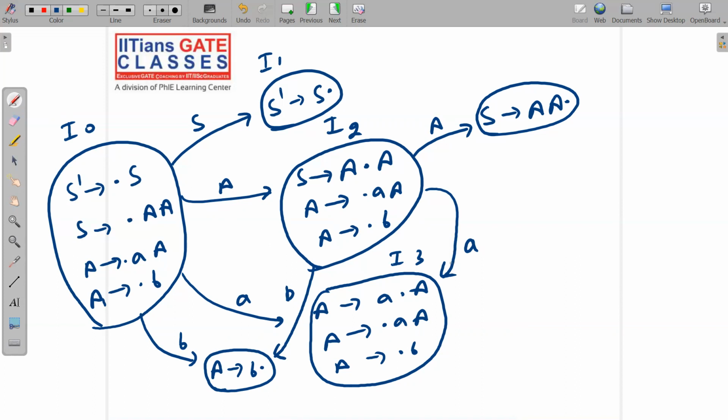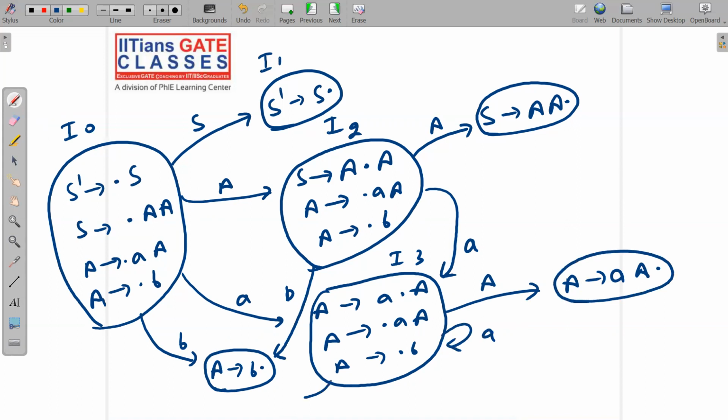Everything is over for this. For this state, on reading capital A, we will go to A dot. On reading small a, same here. On reading small b, here. So I1, I2, I3, I4.